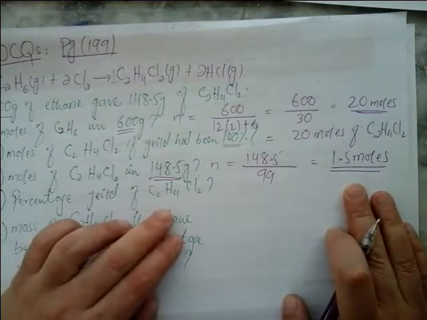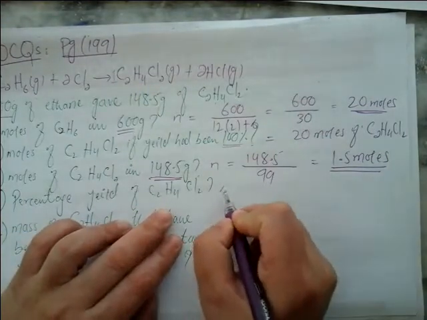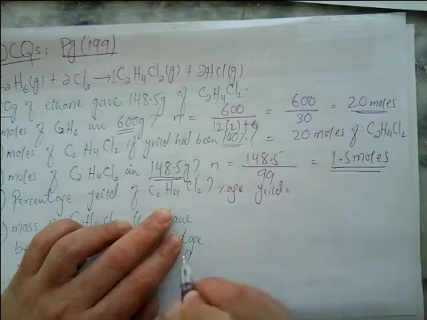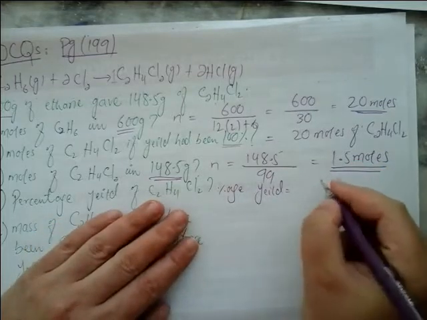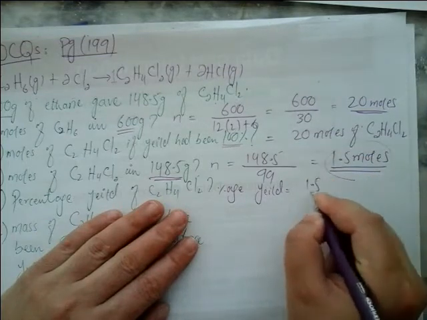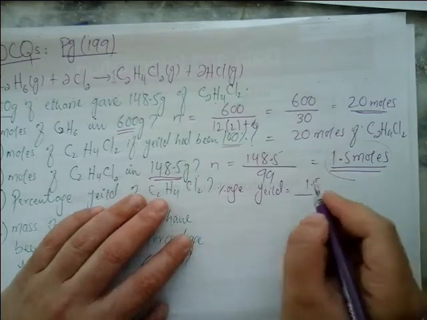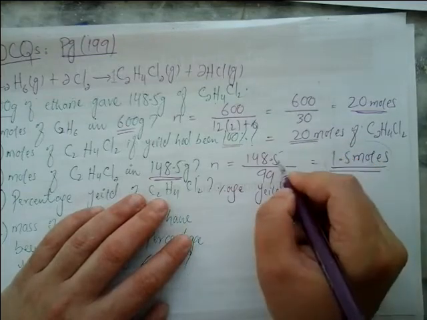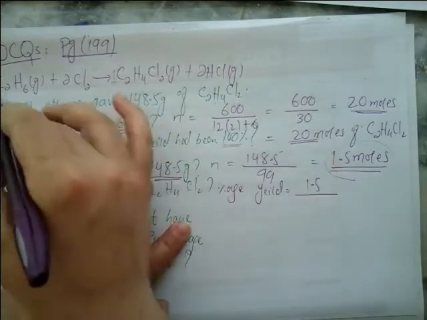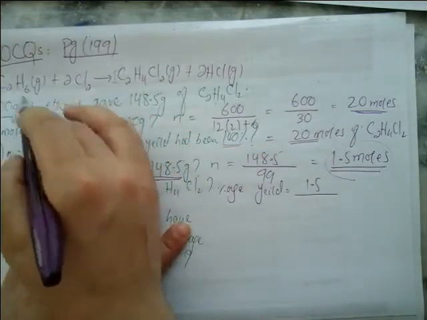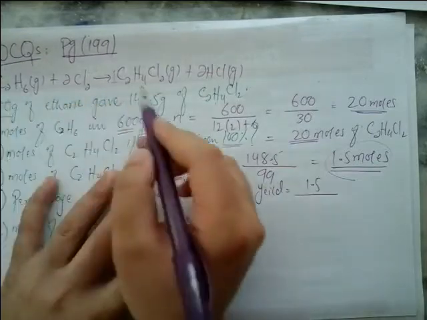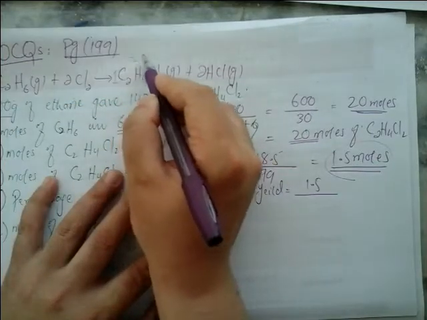So now we can easily calculate the percentage yield. We know that percentage yield is equal to actual yield, which is 1.5 moles, divided by predicted yield, that was 20 moles. Why 20 moles? Because if this whole ethane was being utilized, it would also be 20 moles.